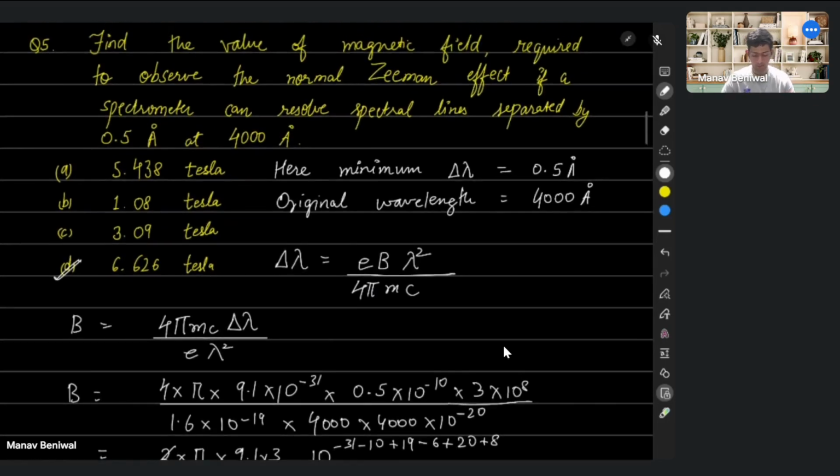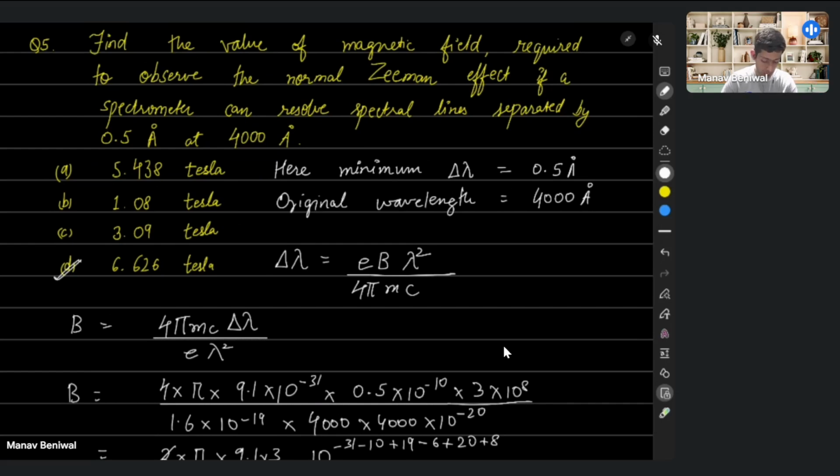So again, we see the problem of Zeeman effect. This time we calculate what is the magnetic field which we will require to resolve the spectrum. Okay, so we were given that we have one spectrometer which can resolve 0.5 angstroms.